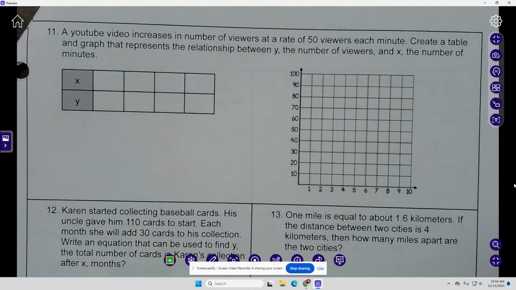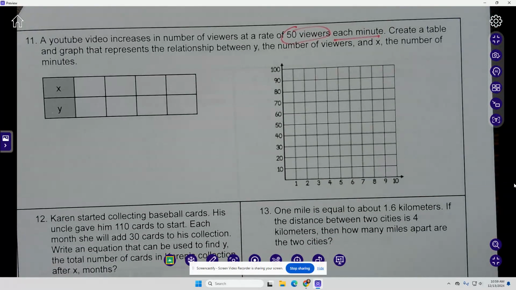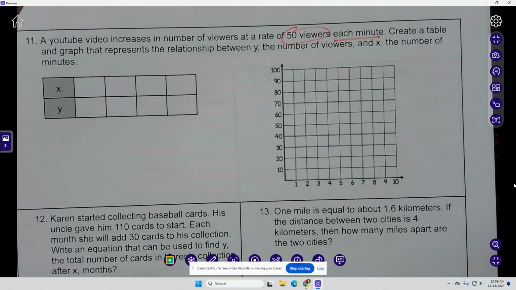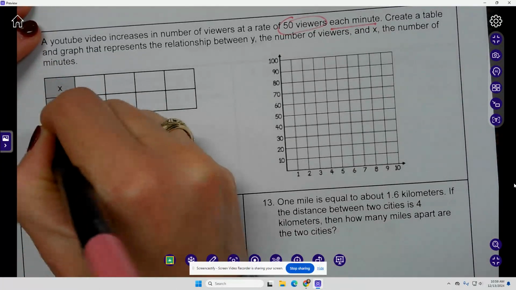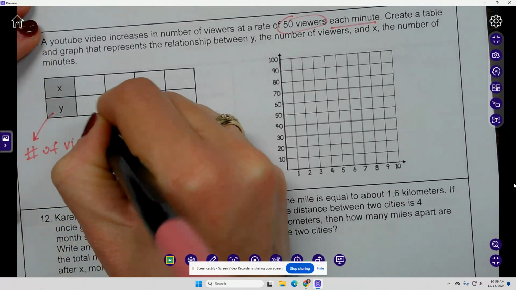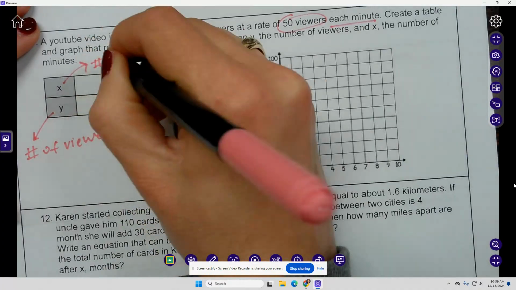A YouTube video increases in number of viewers at a rate of 50 viewers each minute. Create a table and graph that represents the relationship between Y, the number of viewers, and X, the number of minutes.